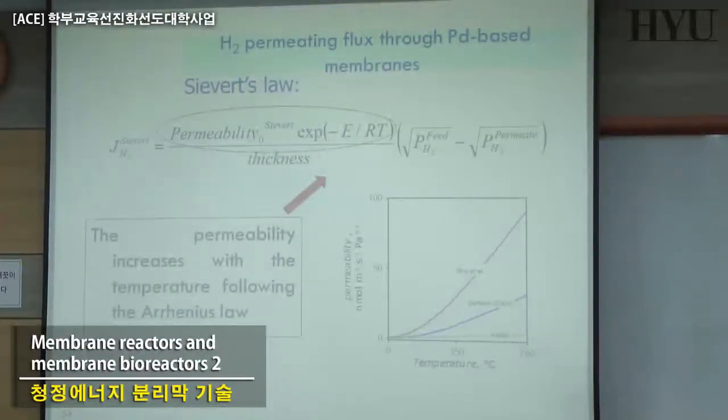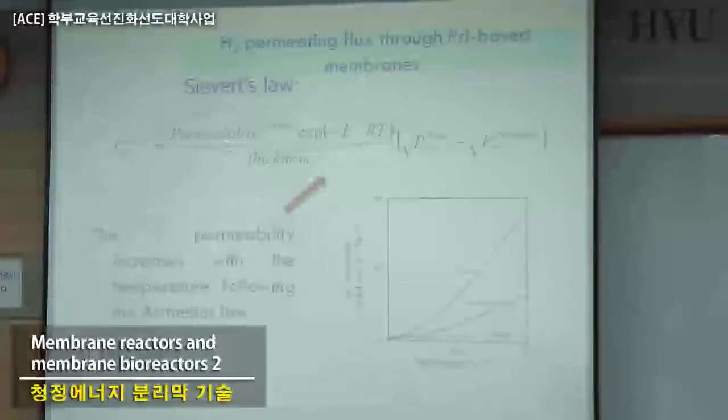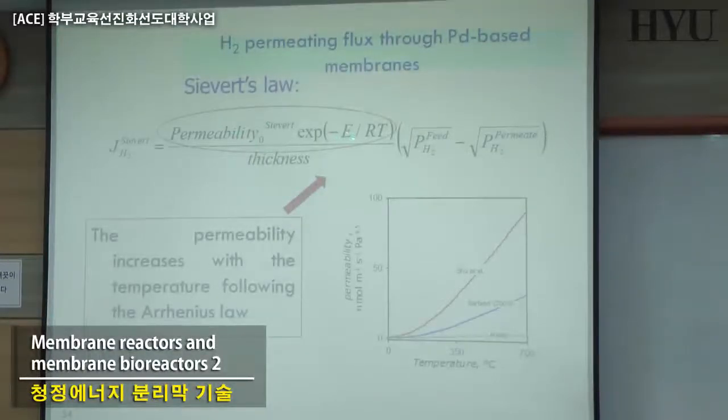Basically, that is the equation that you have to consider: the transmembrane flux for hydrogen is proportional to the Sieverts permeability multiplied by the exponential of the activation energy divided by RT, divided by the thickness of our membranes, and multiplied by the driving force, in this case the Sieverts driving force, which is nothing more than the square root of the hydrogen pressure on the feed side minus the square root of the hydrogen pressure on the permeate side.